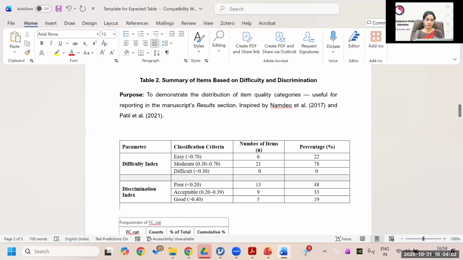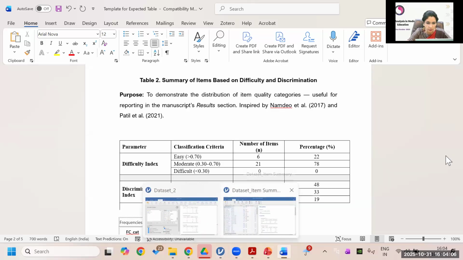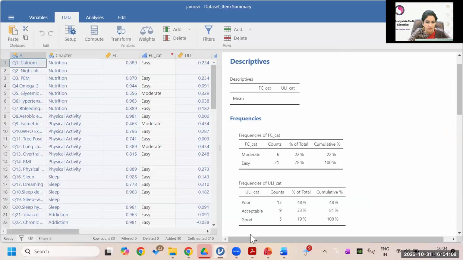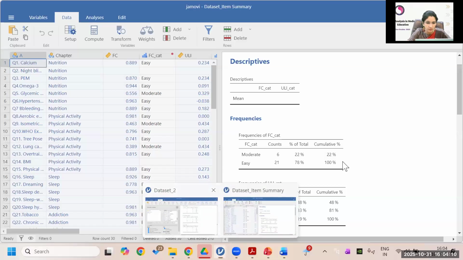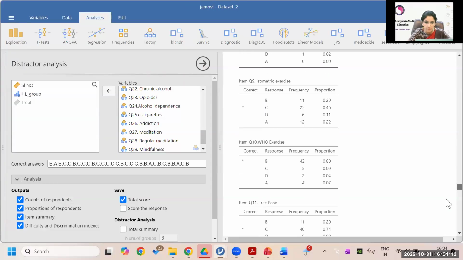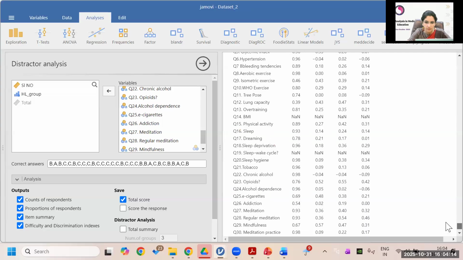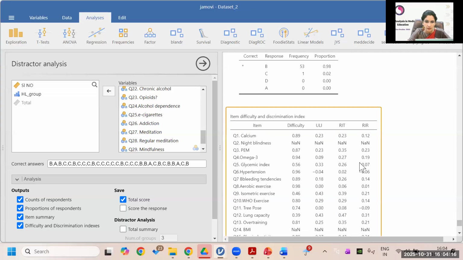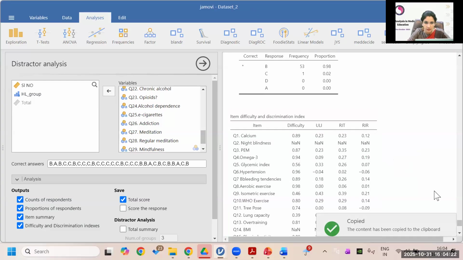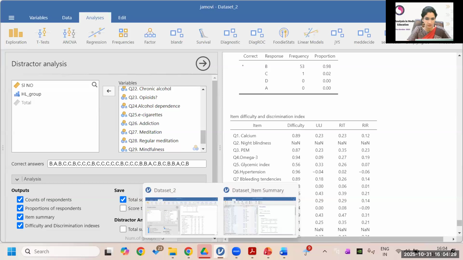For this, what you will do, you go to this output, this one. Control, this table, copy this, and you can open a Jamovi new sheet, because it is the new data.